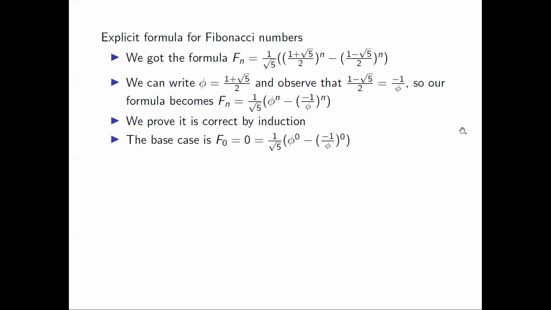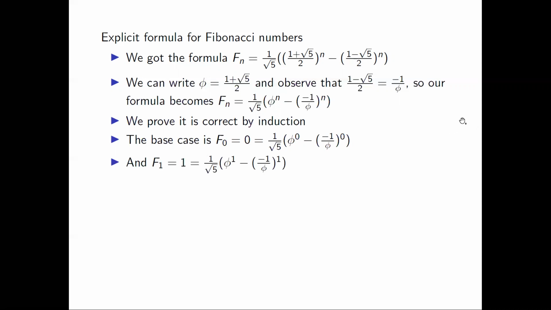We'll have a base case that has two values of the Fibonacci sequence in it. The first value will be f sub 0. F sub 0 we just saw on the previous slide is 0. And that's equal to 1 over the square root of 5 times phi to the 0 minus negative 1 over phi to the 0. Because anything to the 0 is 1, and we get a 1 minus 1, this is 0 in there.